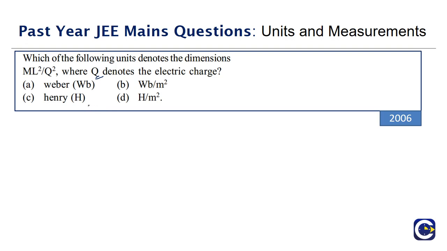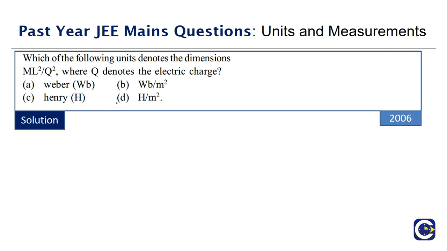Henry is the SI unit of inductance, self-inductance or mutual inductance, and then we have Henry per meter square. So we need to find out which of them will have the dimensions of ML^2 divided by q^2, where q represents electric charge.